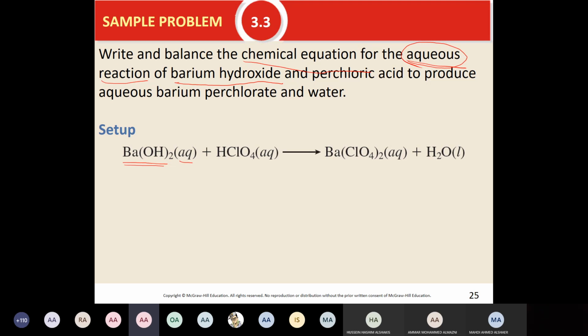In water, or the state. And perchloric acid. You know what perchloric acid is? This is perchloric acid. We took it from chapter 2, and again aqueous barium hydroxide and perchloric acid to produce barium perchlorate. That's barium perchlorate and water.